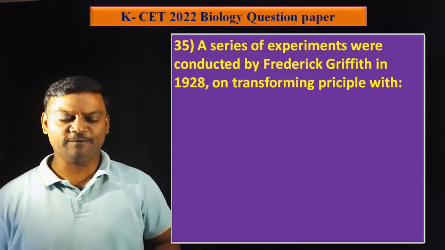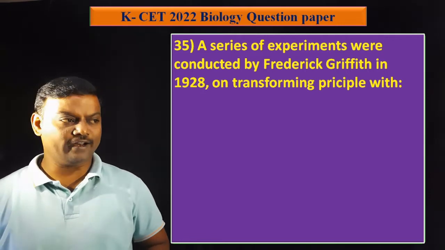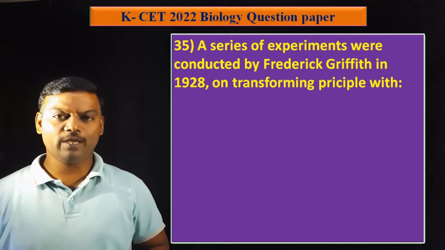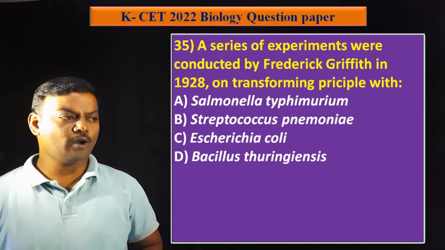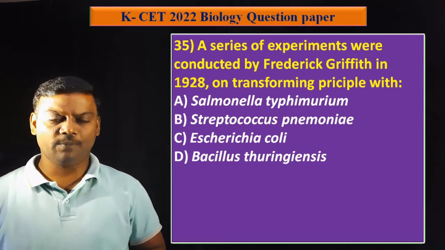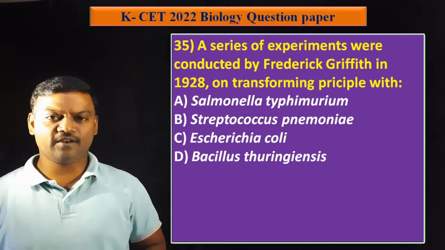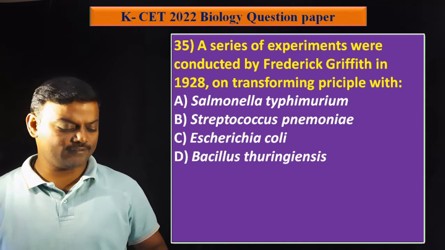Question number 35. A series of experiments on the transforming principle was conducted by Frederick Griffith in 1928 with: option A, Salmonella typhimurium; option B, Streptococcus pneumoniae; option C, Escherichia coli; option D, Bacillus thuringiensis.